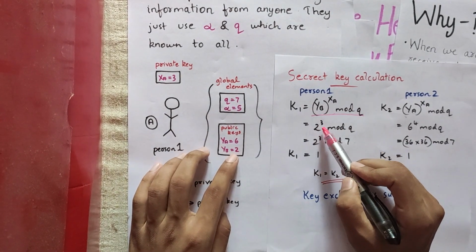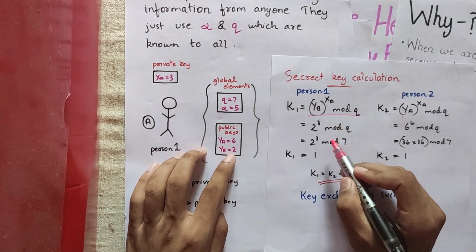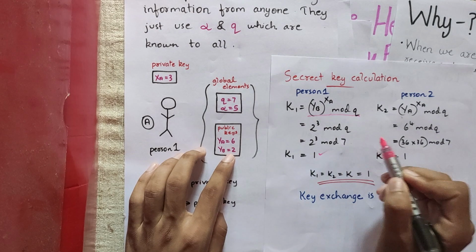That is 2 raised to 3 mod 7, which is equal to 1.